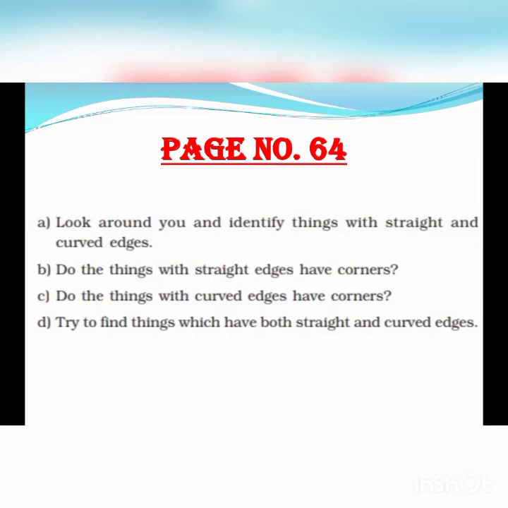Next, do the things with straight edges have corners? Yes. The things with straight edges have corners. Next question, do the things with curved edges have corners? Yes, we know that the things with curved edges do not have corners. So our answer is no.